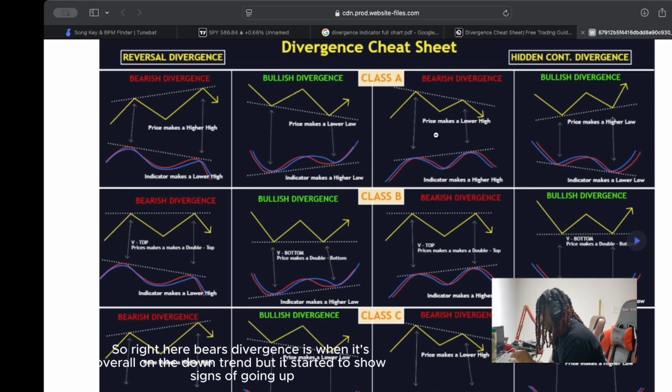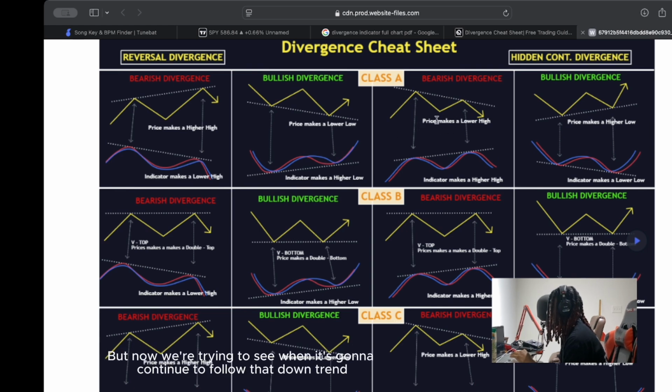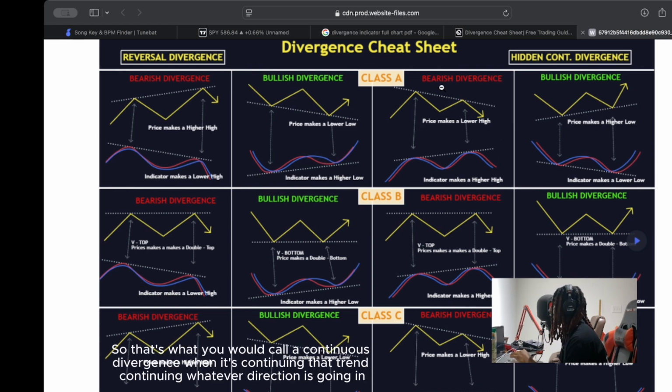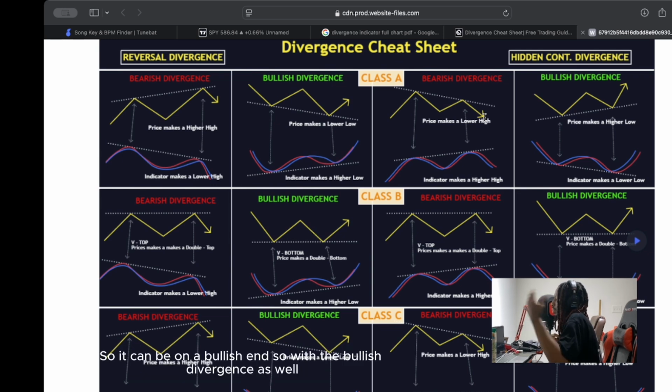Bearish divergence here is when it's overall on a downtrend, but it started to show signs of going up, and now we're trying to see when it's going to continue to follow that downtrend. That's what you would call a continuous divergence, when it's continuing that trend in whatever direction it's going. It can be on the bullish end with bullish divergence as well. This is what you would call hidden continuance divergence.